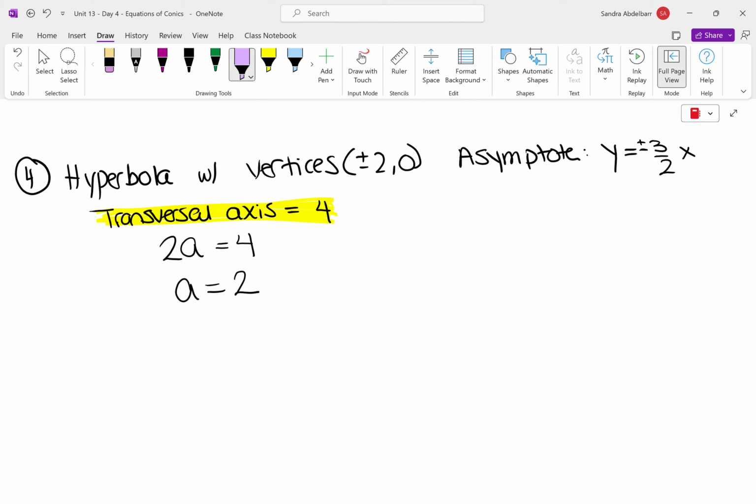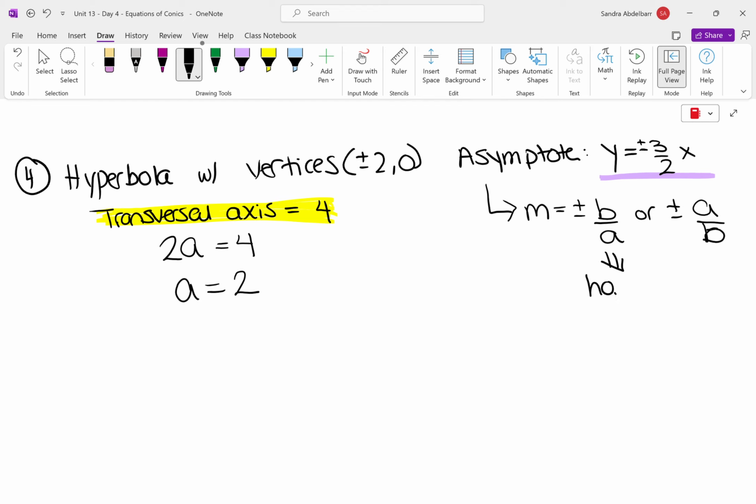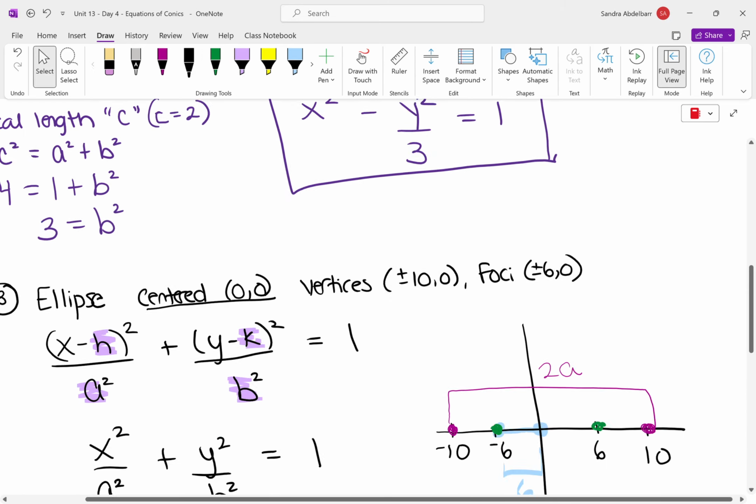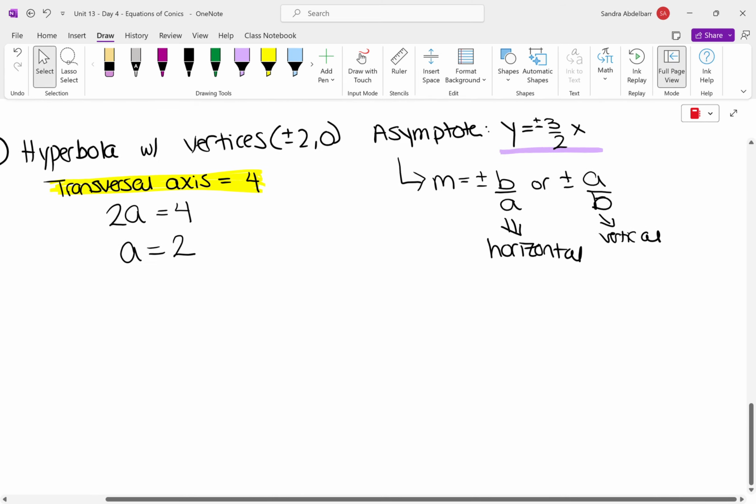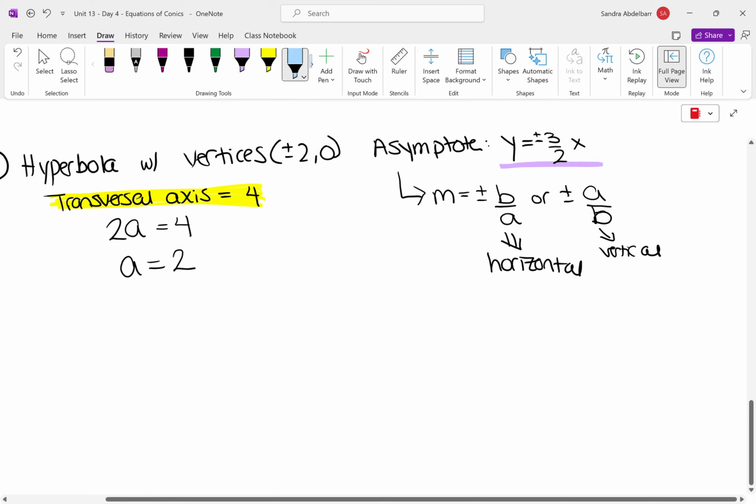But now we need to solidify this. How are we going to solidify this? Well, the equation of the asymptote right here is plus minus 3 over 2. We know the slope of the asymptotes is either plus minus b over a or plus minus a over b. This is for horizontal, and this is vertical. So here we figured out that a is 2.